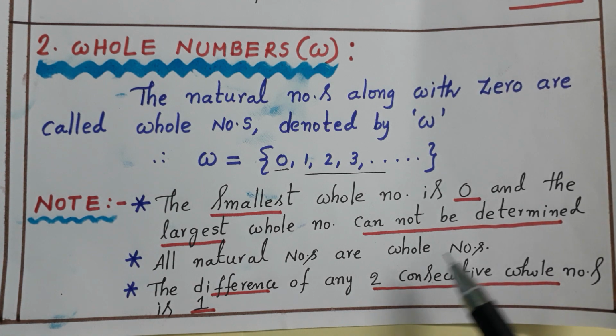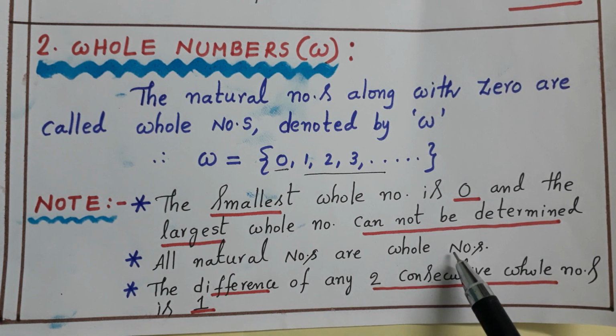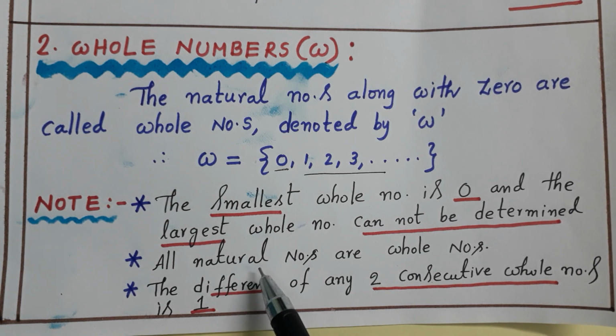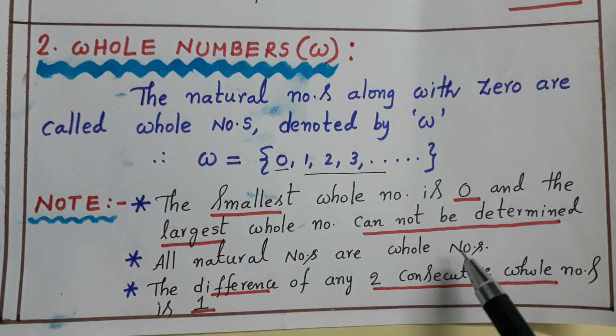I mean to say 0 is present in whole numbers, 0 is not present in natural numbers. That's why we can say all natural numbers are whole numbers. And one more property: the difference of any two consecutive whole numbers is 1. Take the two consecutive whole numbers 4 and 5. Their difference 5 minus 4 is equal to 1.